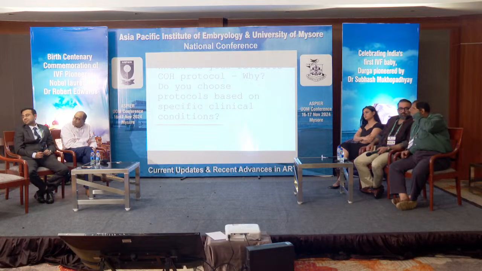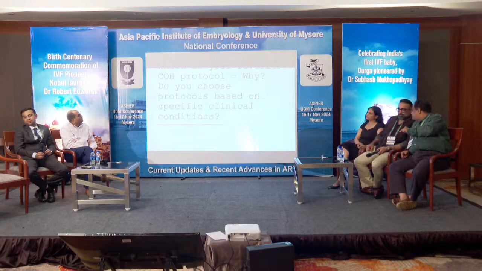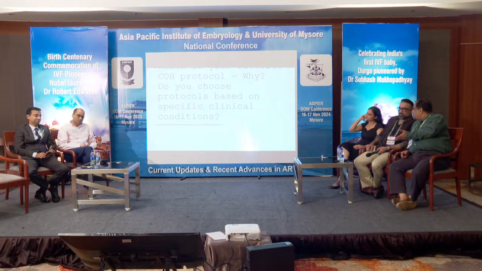Then, because the main problem that we faced was the hyperstimulation syndrome, everybody wanted to shorten the cycle. So then came the antagonist, and everybody claimed that antagonist protocol does not produce hyperstimulation. Everybody shifted to the antagonist protocol. After some time, many people understood antagonist can also produce hyperstimulation.